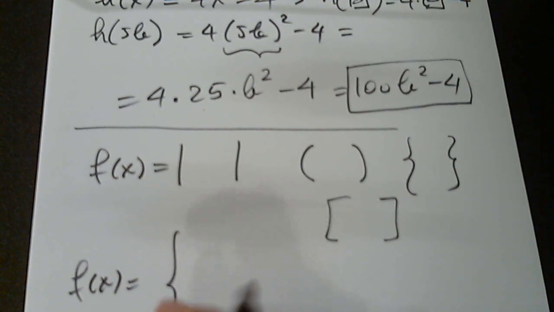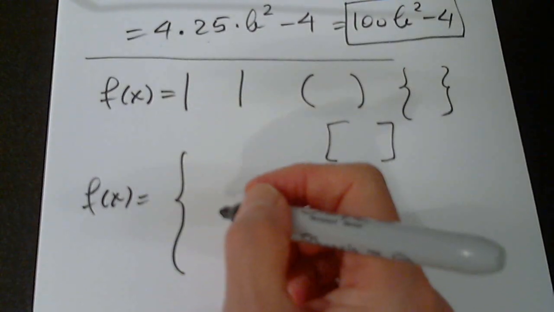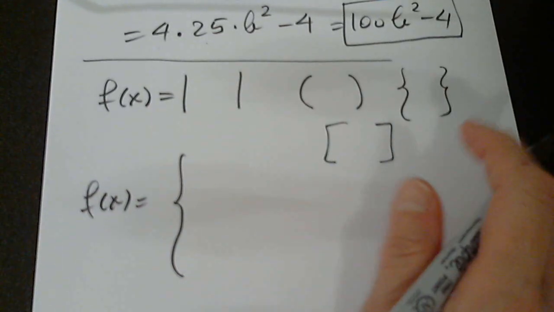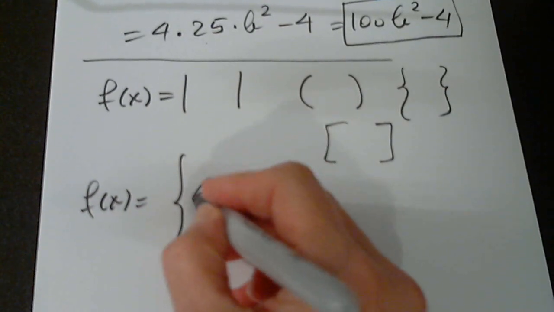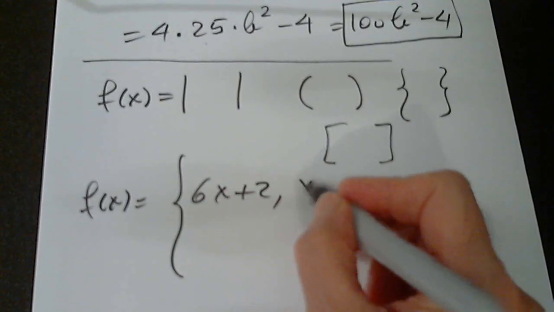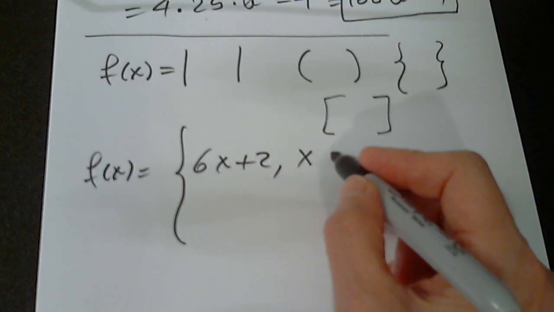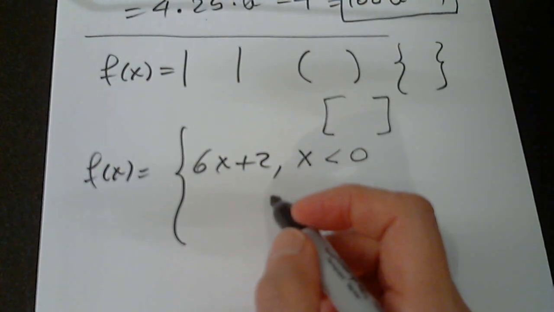So it's f of x, a piecewise defined function. So it's 6x plus 2. The first one is what? 6x plus 2, perfect, if x is less than 0. Good.